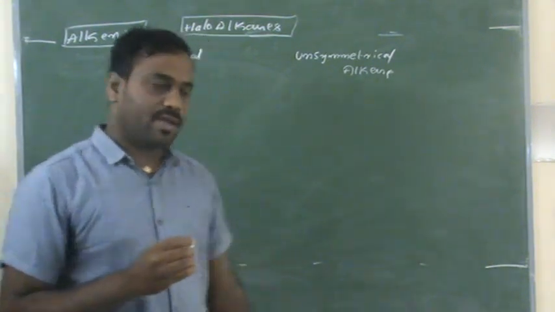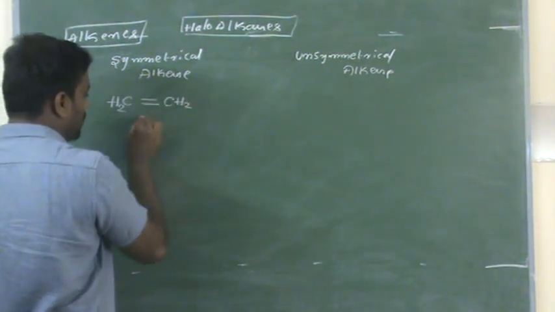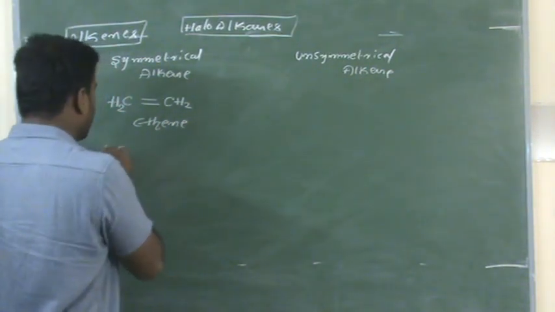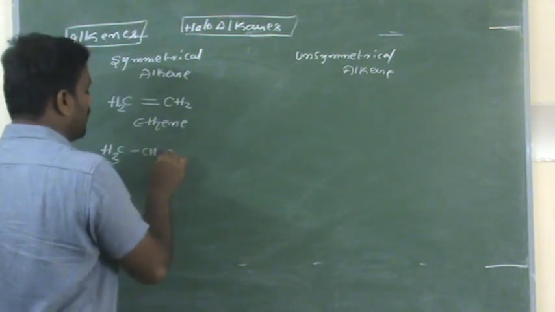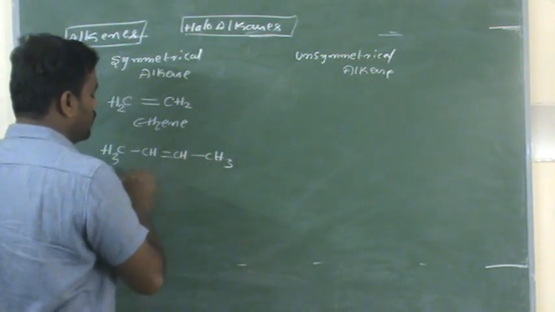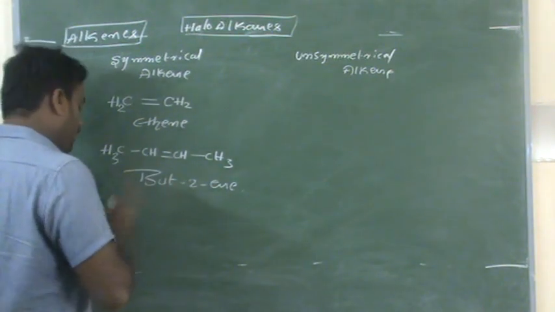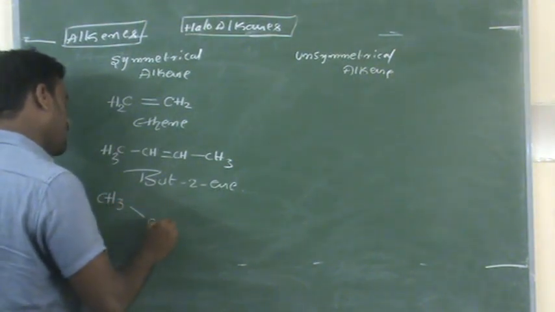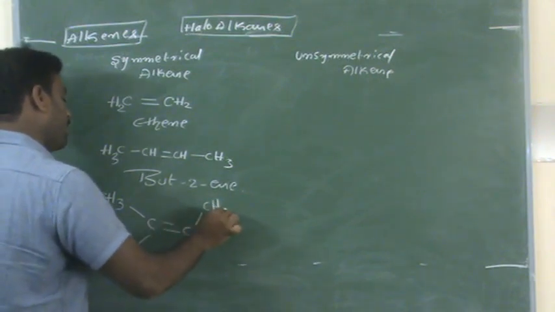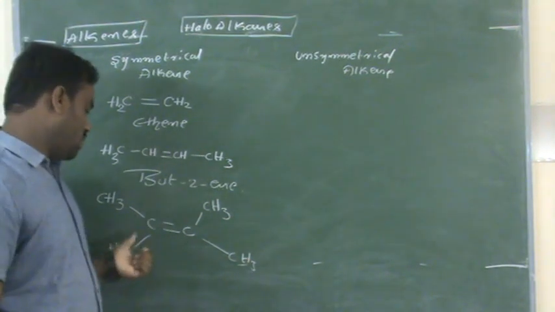The best example of a symmetrical alkene is CH2=CH2, which is called ethene, and if you take butene, CH3CH=CHCH3, that is called but-2-ene. One more example: 2,3-dimethylbut-2-ene.